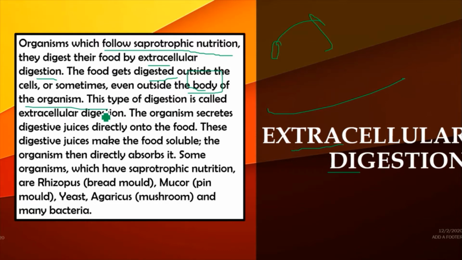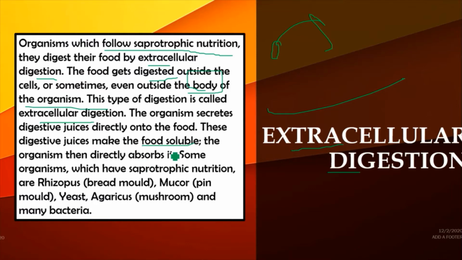So this type of digestion is called extracellular digestion. The organism secretes digestive juices, same as humans, directly on the food. So these digestive juices make the food soluble. The organism then directly absorbs it.